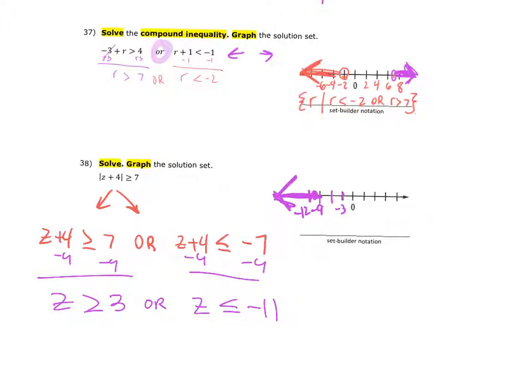The 3 is a closed circle, and shaded to the right. Remember that because it's an or, because it's greater, our set builder would be the value of Z such that Z is greater than or equal to 3 or Z is less than or equal to negative 11.